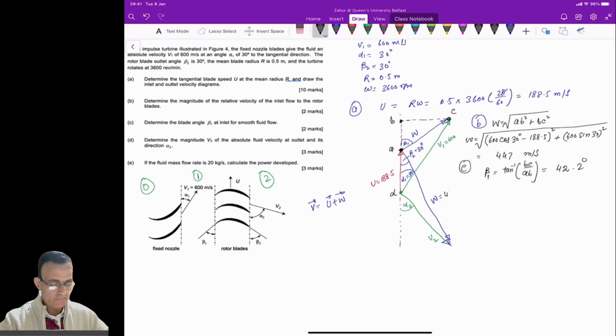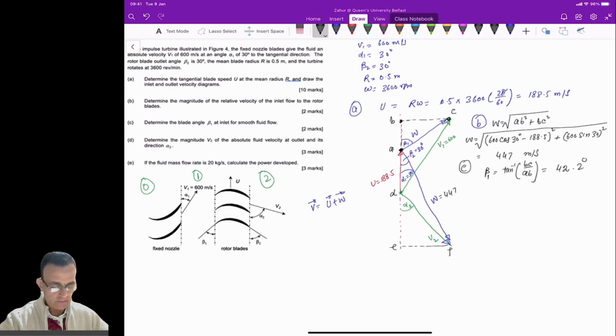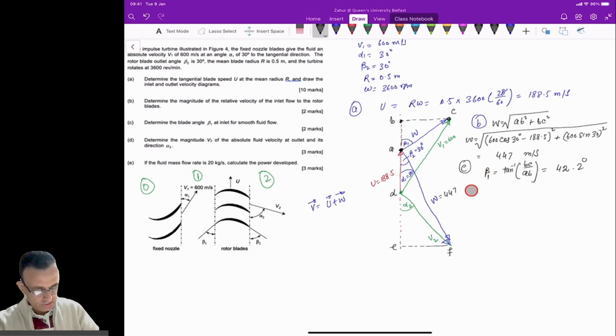So now again from this triangle here, we will try to create a new triangle here. So we will call this point E and this point F. So now you need to calculate this V2, which is part D. So V2 will become equal to DE square plus EF square under the root.